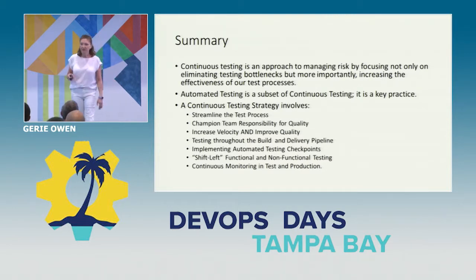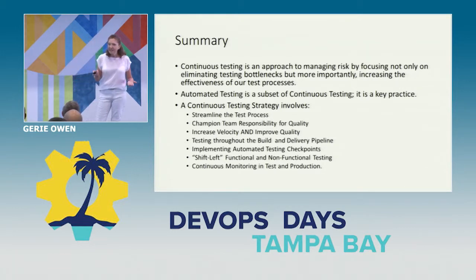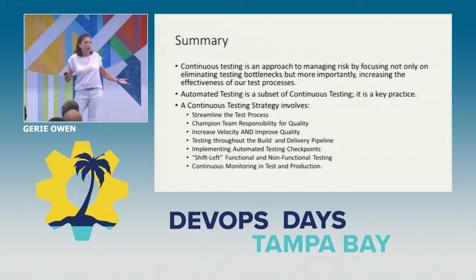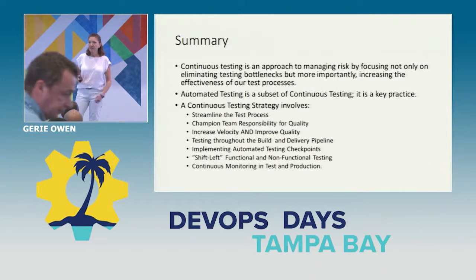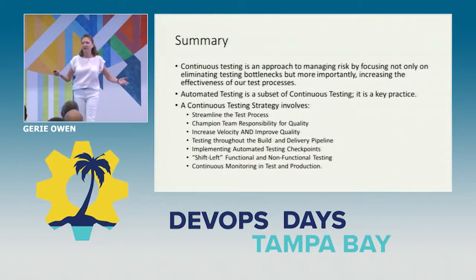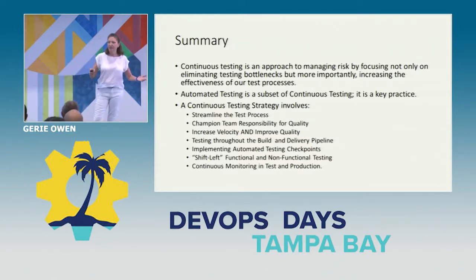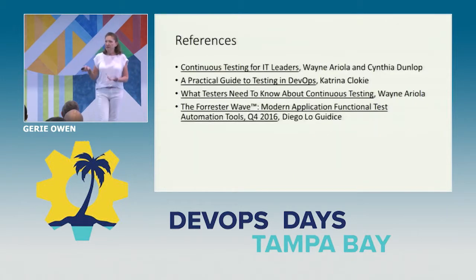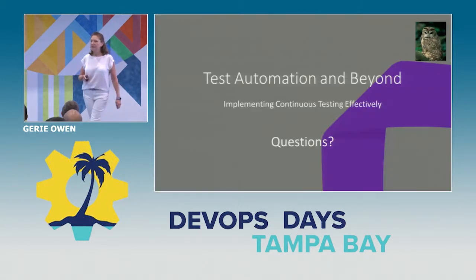Our continuous test strategy starts with streamlining the test process, championing team responsibility for quality, increasing velocity and quality, testing throughout the build and delivery pipeline, implementing automated checkpoints, shift left, shift left, shift left, and then continuously monitoring in test and production.